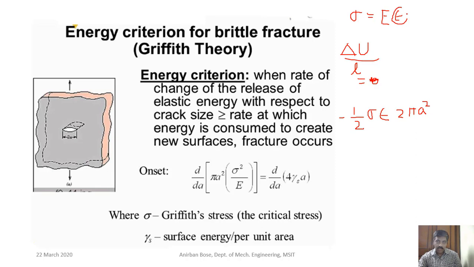So in place of epsilon, we can write sigma by E. So this expression will be minus half sigma into sigma by E, into 2 pi a square, which is equal to minus sigma square by E into pi a square.